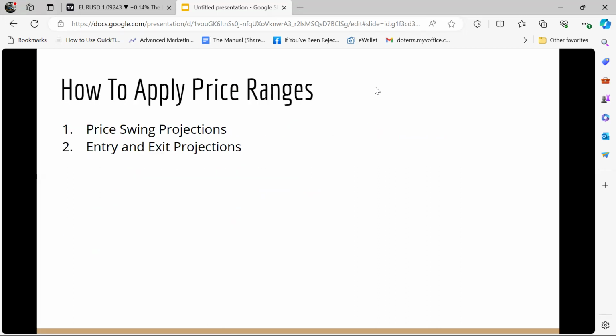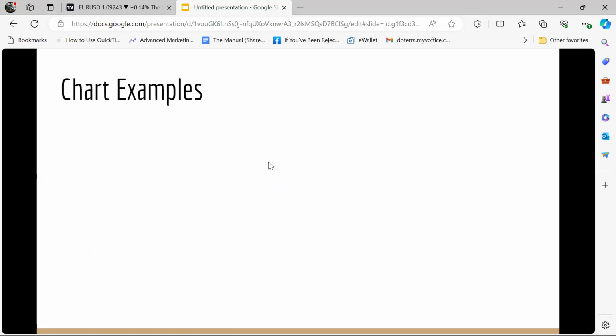So how do you apply price ranges to your trading? You can use it to project price swings, and you can use it to project entry and exit points. I will go into the charts and give you some examples that you can use.